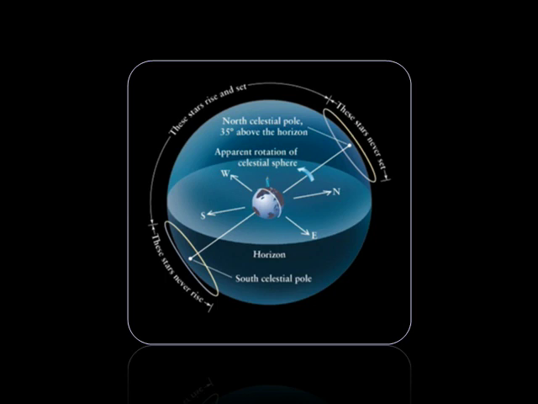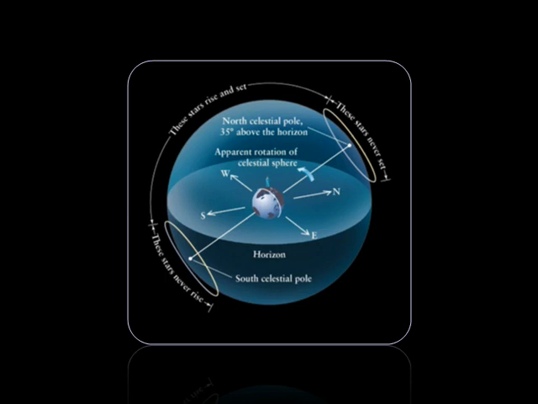Stars between there and the limit of vision towards the south will rise and set according to the rotation of the Earth. But if I'm standing in a northern latitude, even this at 35 degrees, there are stars and objects on the celestial sphere near the south celestial pole that will never rise and never set.